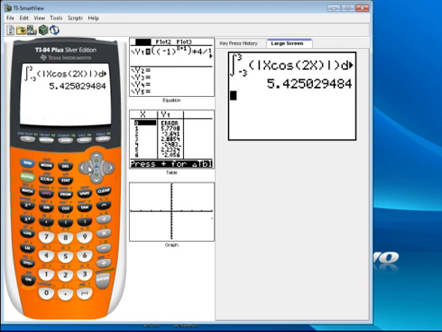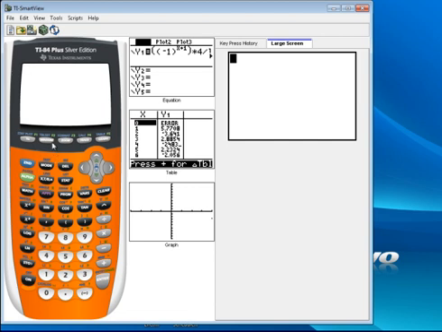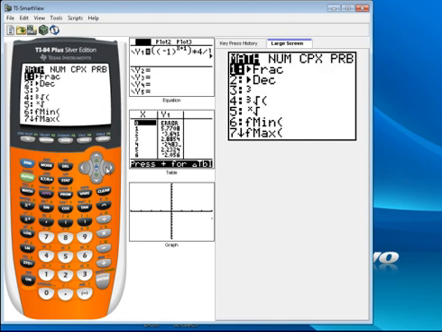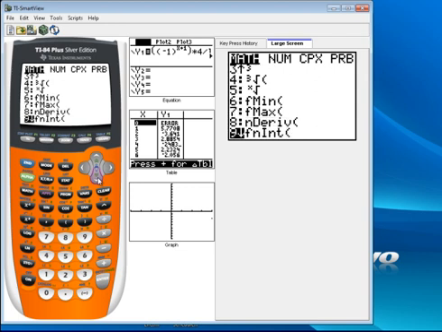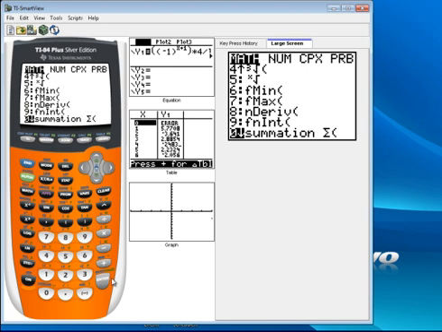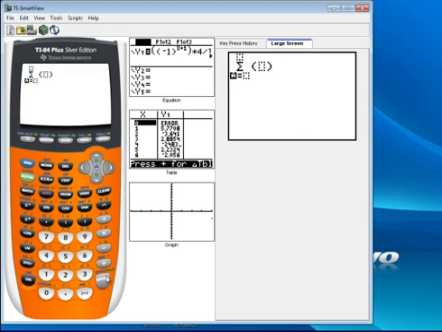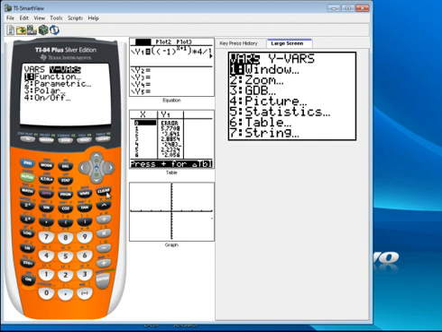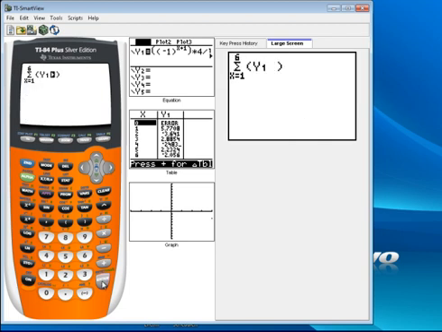So if you go to your home screen, under Math, there's your summation, number 0 is your summation, press enter. So I'm going to go from x, from 1 to 6, remember we're adding 6 terms, and then I'm just going to put my 1 variable in there. Okay, so we got 2.706721, and that's what we got by doing this by hand.